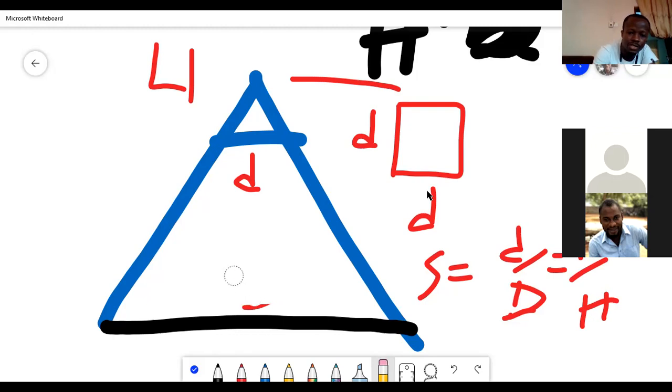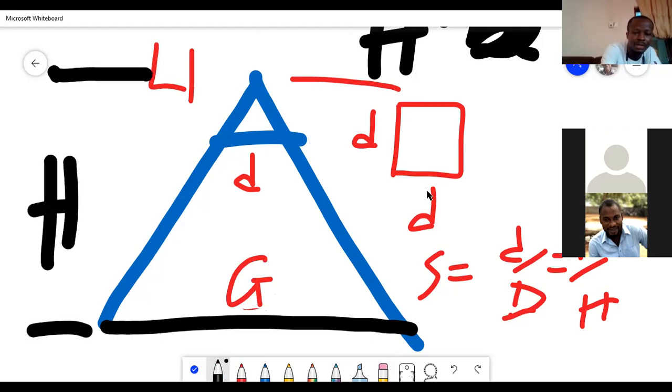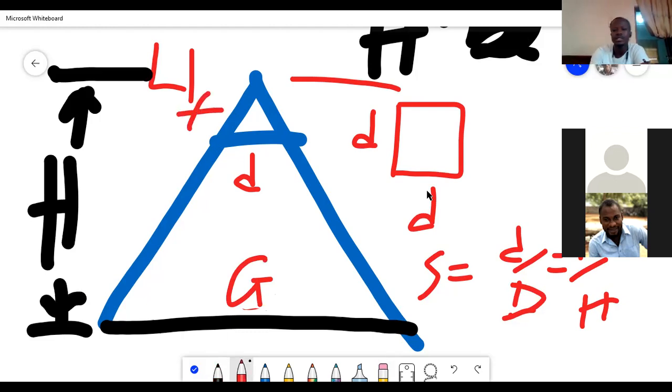So the ground coverage, you could call it anything, but I think G is the actual standard thing that we do. Now we have flying height H, and then focal length of F. So F over H is equal to D over G, not D over D, D over G.